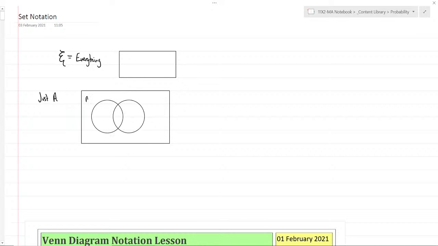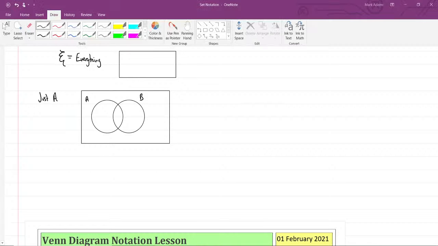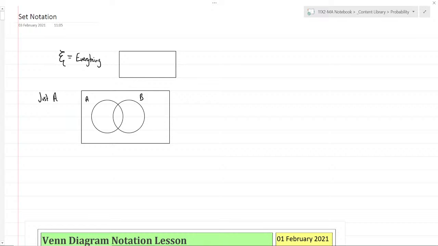I'm going to call this one here A and this one here B. Everything which is in A is everything which is in the A circle. So this part here, that middle bit and that bit on the left.